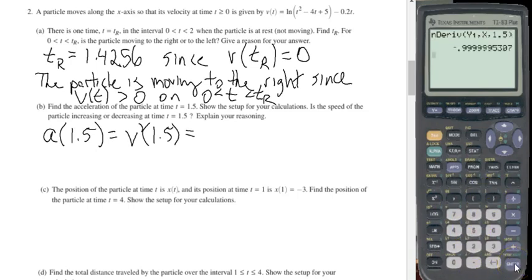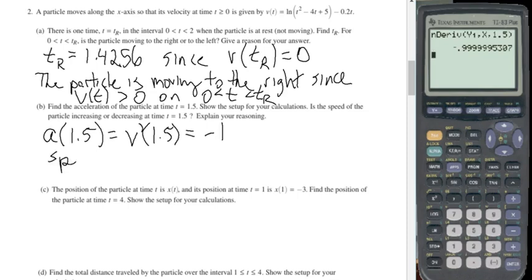Now the calculator uses an algorithm that's only accurate so many decimal places, but if you go out 3 decimal places, that's going to be equal to -1. Okay?